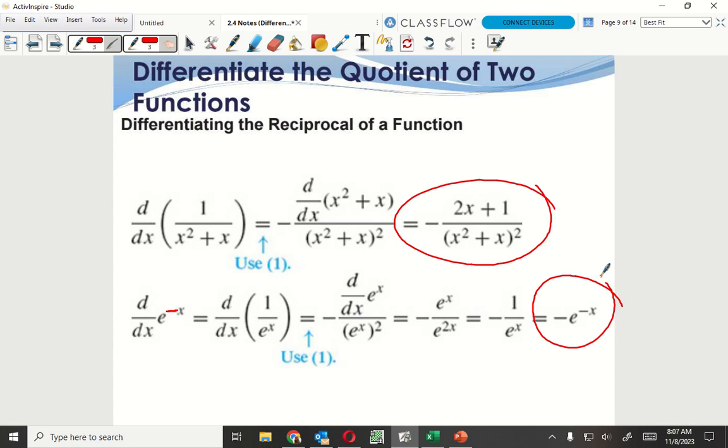Right here we would have the derivative of e to the x on top, over e to the x squared. And then there's my negative sign, but because we have e to the x's, I can reduce mine. So this is a very good note to use for later. You could just be like, oh yeah, I know e to the x is something when I have this.